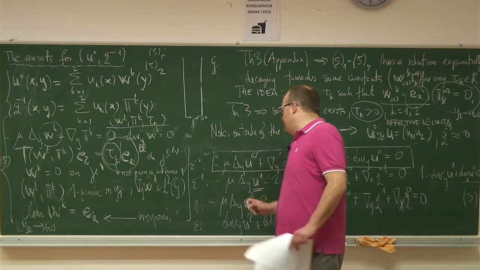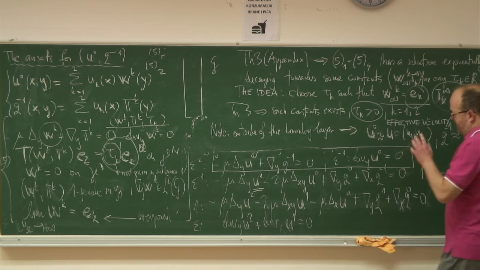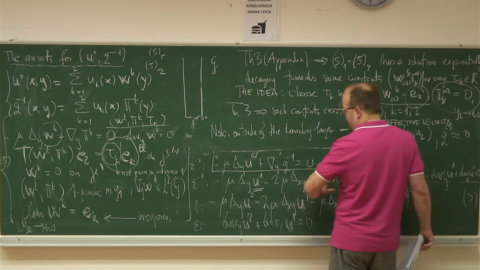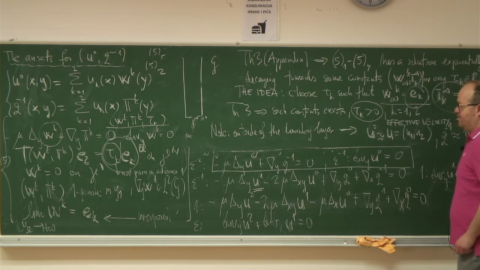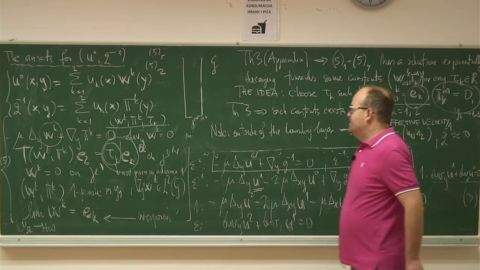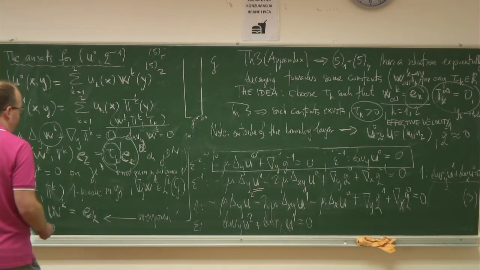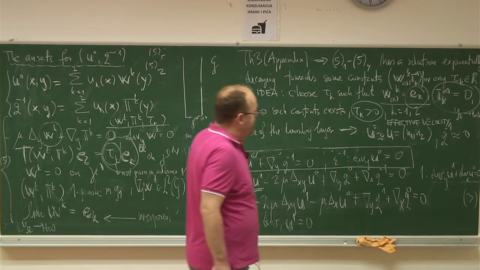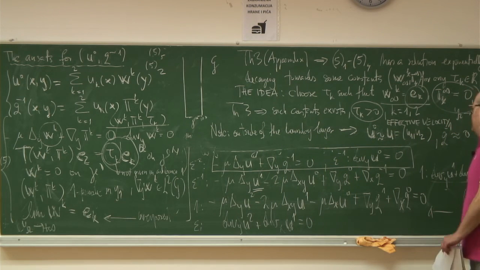It will appear as a part of the solution for U1. So the effective boundary condition, we will deduce from the next order problem by taking into account the dynamic boundary condition. And then, from the last problem, this one, we will deduce the effective equation satisfied by our effective velocity and pressure.